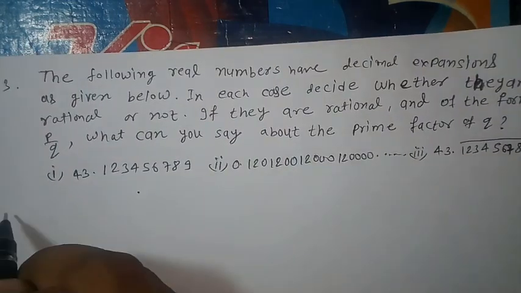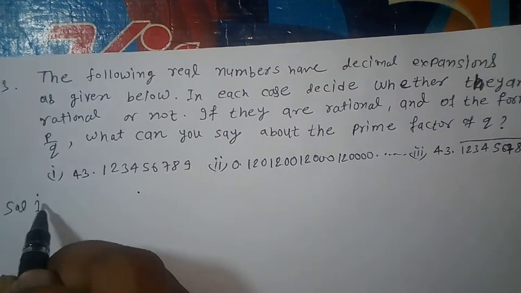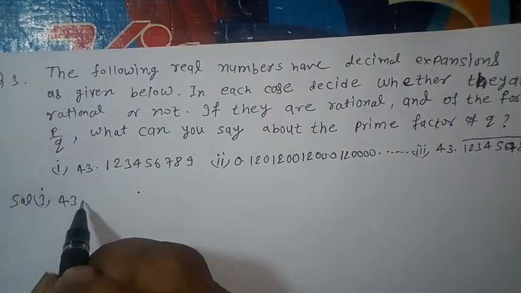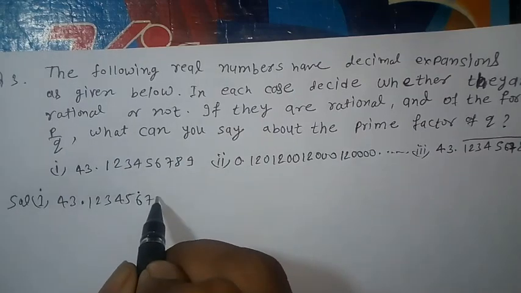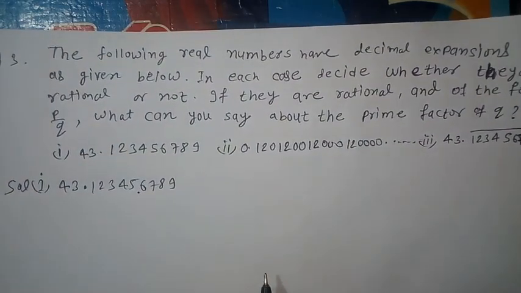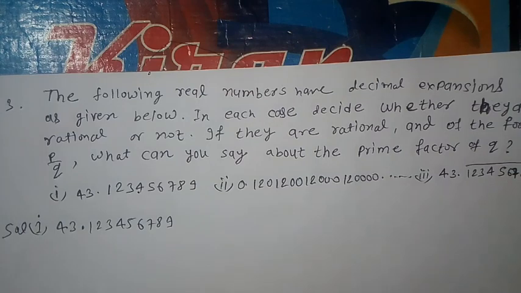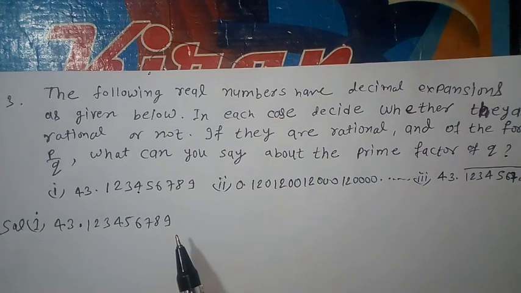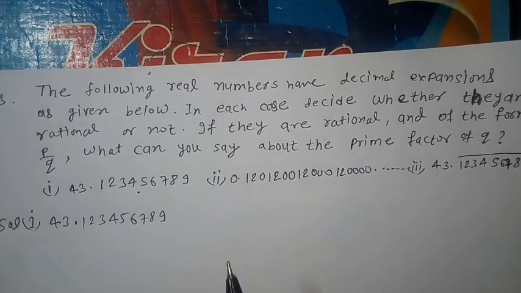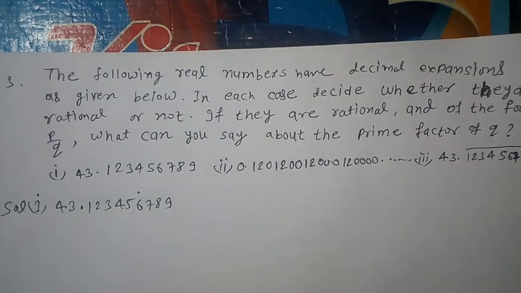Now solution. 1. 43.123456789. Any rational number, if you express it in decimal expression, has two conditions. First, it is terminating, and second, non-terminating repeating decimal.